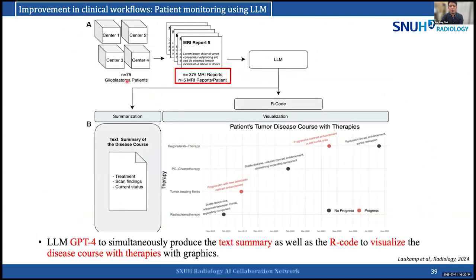The 5 consecutive radiology reports were provided to GPT-4 for 75 glioblastoma patients. And they used GPT-4 to simultaneously produce a text summary as well as R code to visualize the disease course with therapies with graphics.